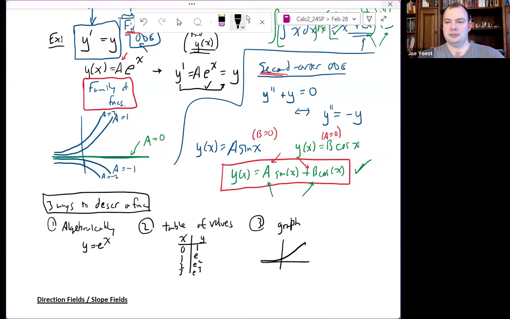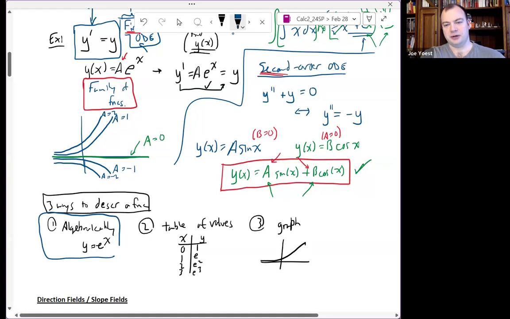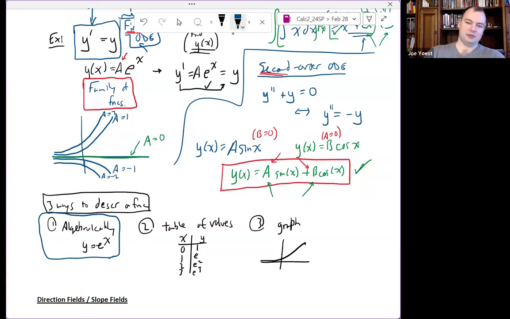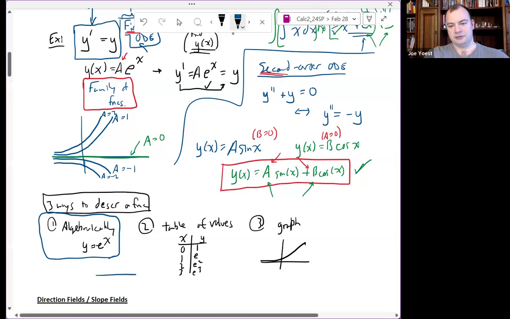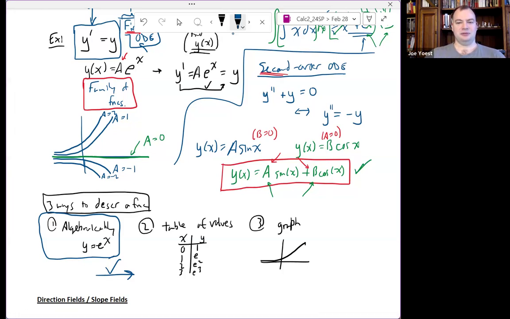Now, most of the time, the goal is to get an algebraic representation. From an algebraic representation, I can derive the table of values and I can derive the graph. Right, so going left to right, I can do that. If I have the algebraic representation, that kind of gives me the other two in a loose sense.